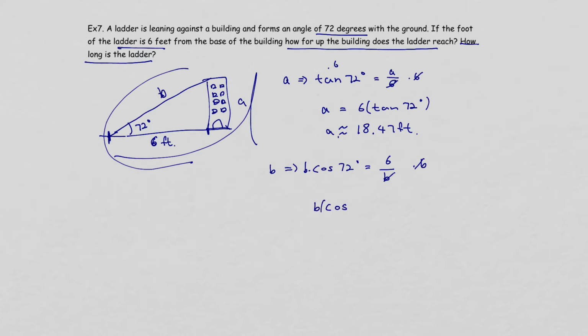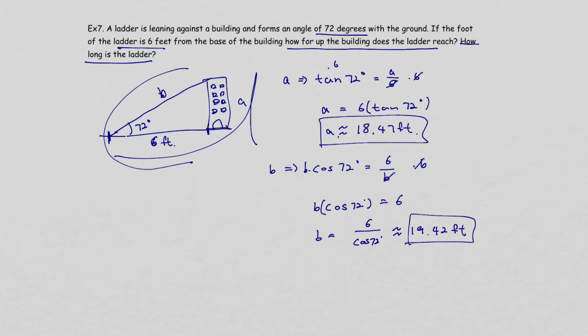You will have B times cosine 72 degrees equals 6, and then divide both sides by cosine 72 degrees. You will get the length of the ladder, which is 19.42 feet. So you get those two answers for that problem.